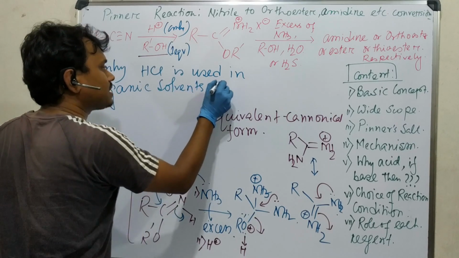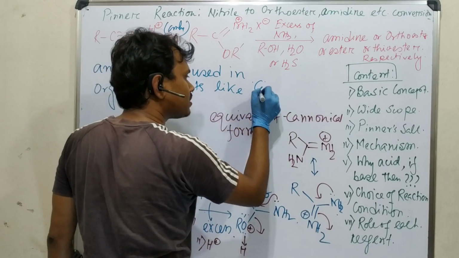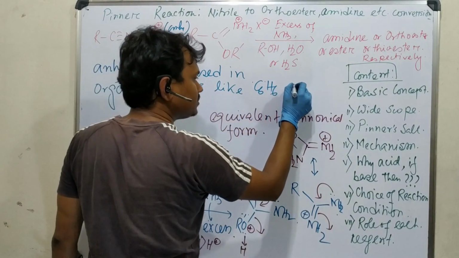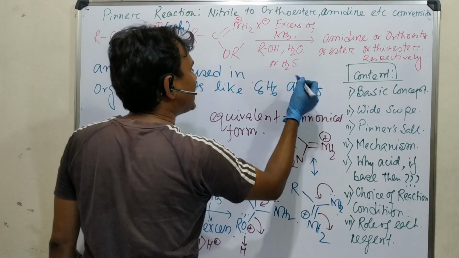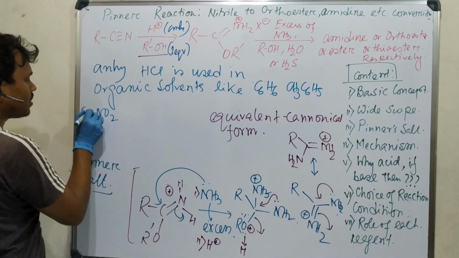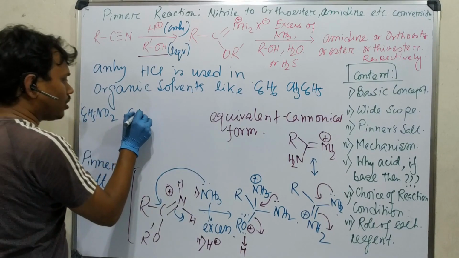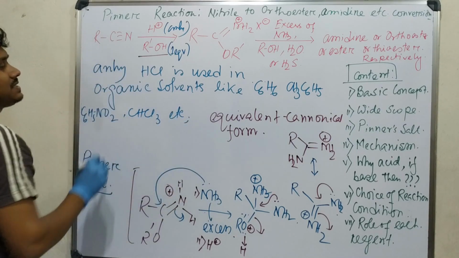Organic solvents like benzene, toluene, nitrobenzene, chloroform, etc. So the anhydrous HCl is taken.